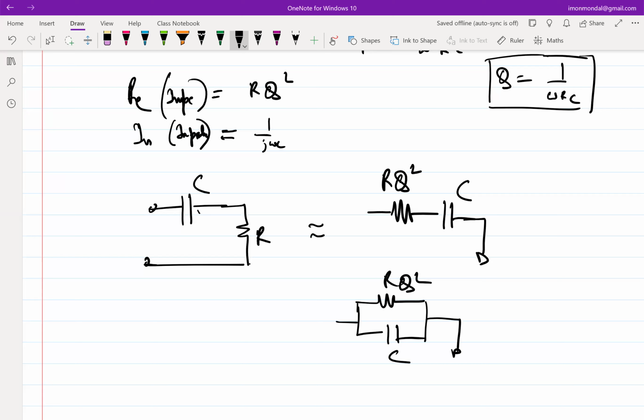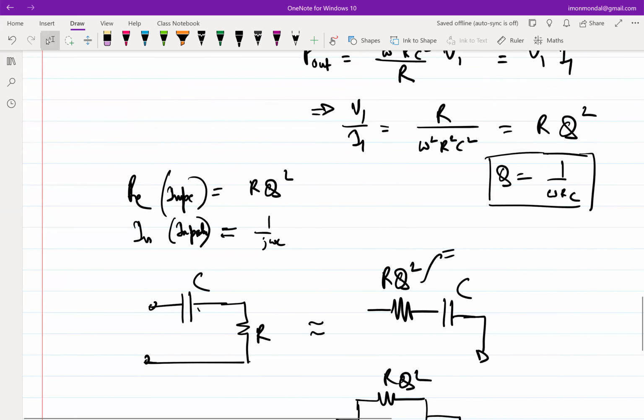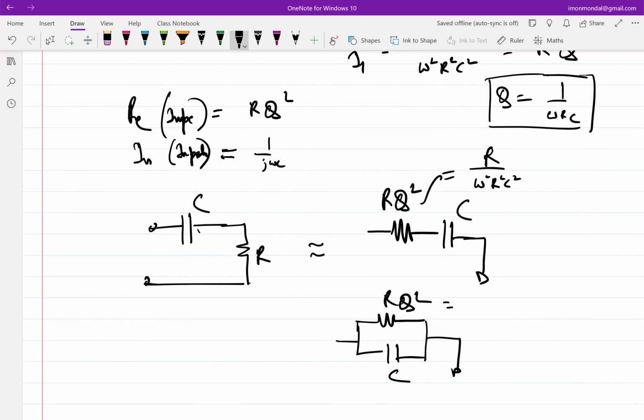How do I know which one does it approximate to? So for this case, you can probably make some corner cases, right? By the way, this is essentially R times Q squared, and if I write it in terms of the actual expression, this is R by omega square R squared C squared, right?